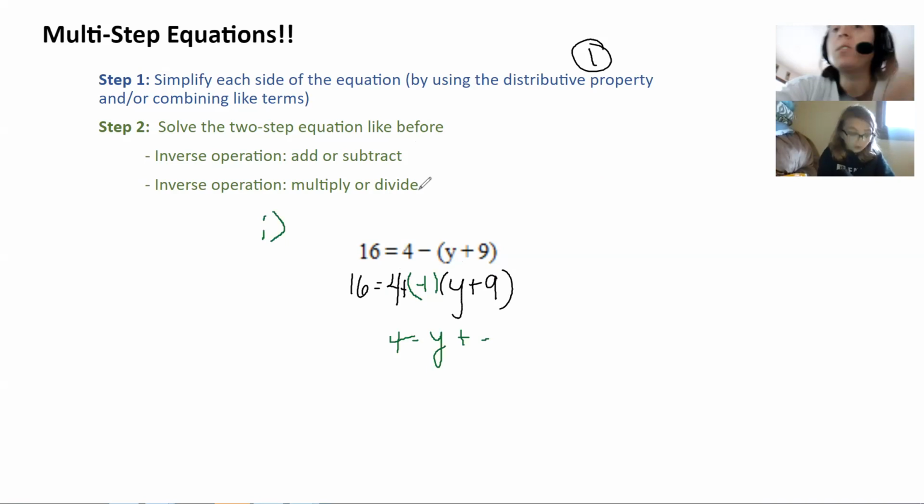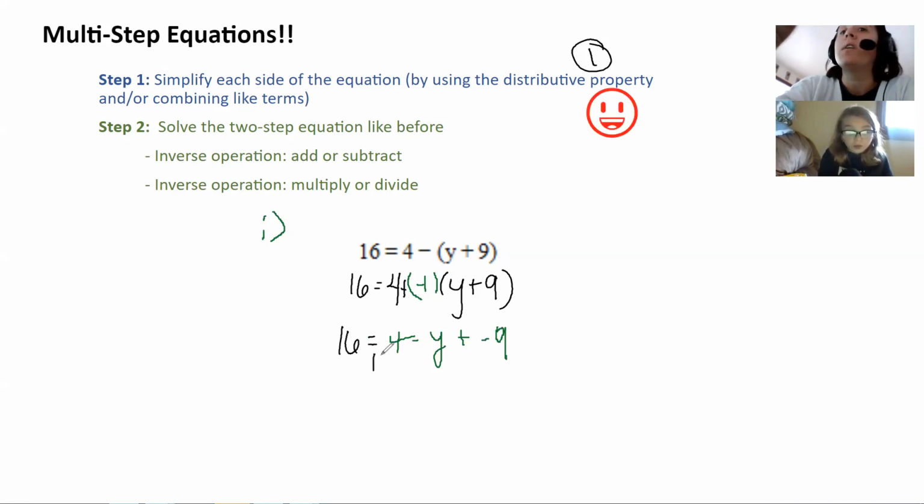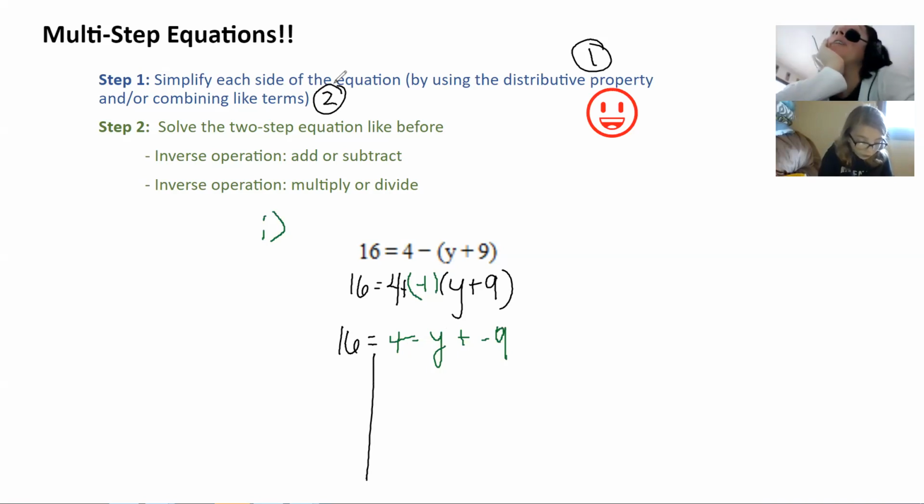So when we do that, we get 4 minus y plus -9. Perfect. Okay, so we did distributive property. Now we got to combine some like terms. What are the like terms that we're going to combine in this equation? The 4 and the -9. Remember, y is negative, 4 is positive, and 9 is negative.